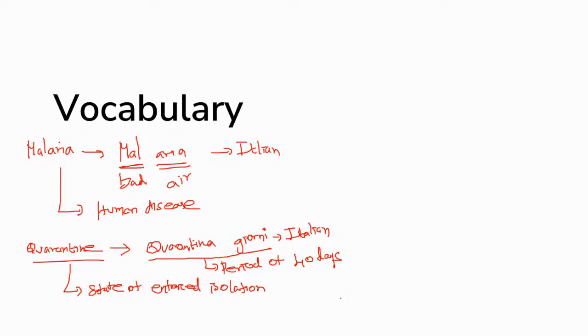So whenever we want to know about the vocabulary of any word, we want to know about the root words. So what are root words? Learning one root word helps in guessing the meaning of more than 10 words on average.